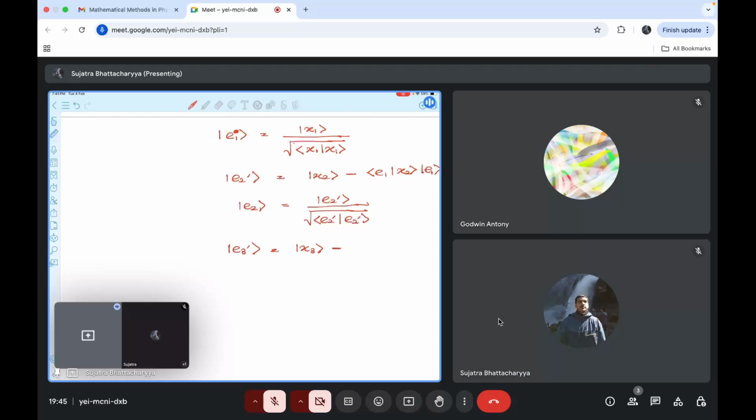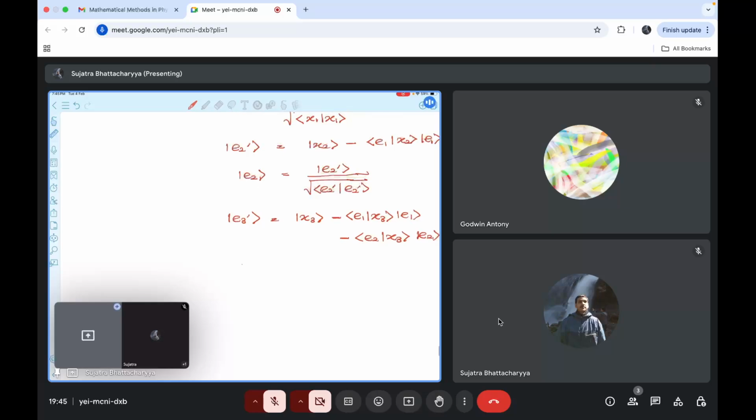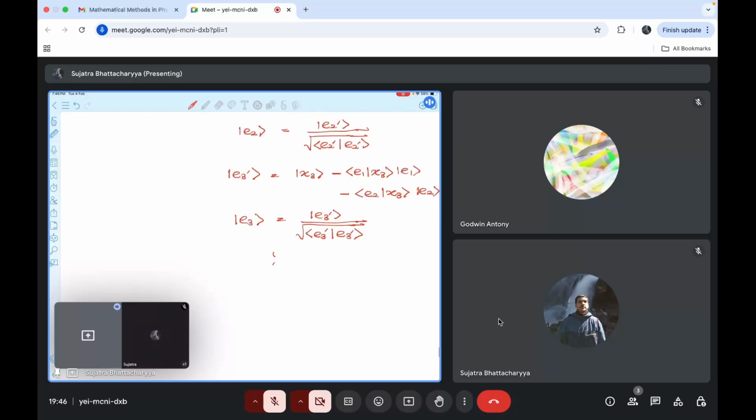You can see that it will follow a pattern: x3 minus the inner product of E1 and x3 times E1, minus the inner product of E2 and x3 times E2. This is E3 dash. Then E3 will be simply E3 dash divided by the root over the inner product of E3 dash with E3 dash. In that way you can follow.